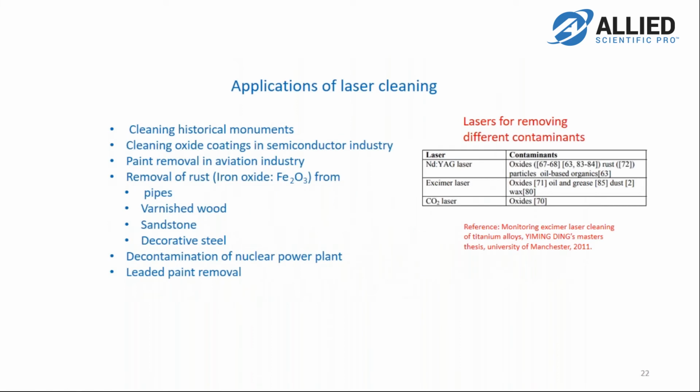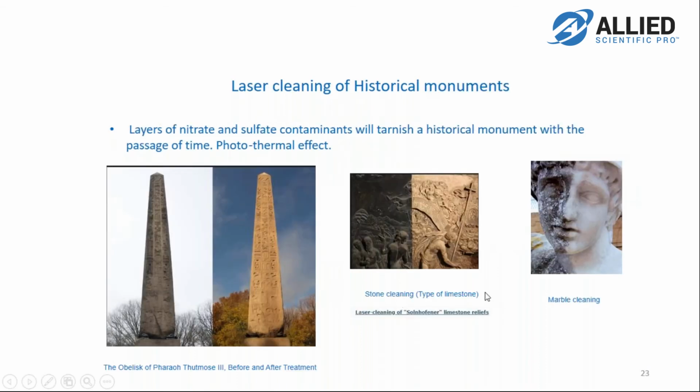So this slide shows some more applications of laser cleaning: cleaning of rust and sandstone, decorative steel, decontamination of nuclear power plants, leaded paint, and we already talked about some of these. We'll show you some videos of some others.